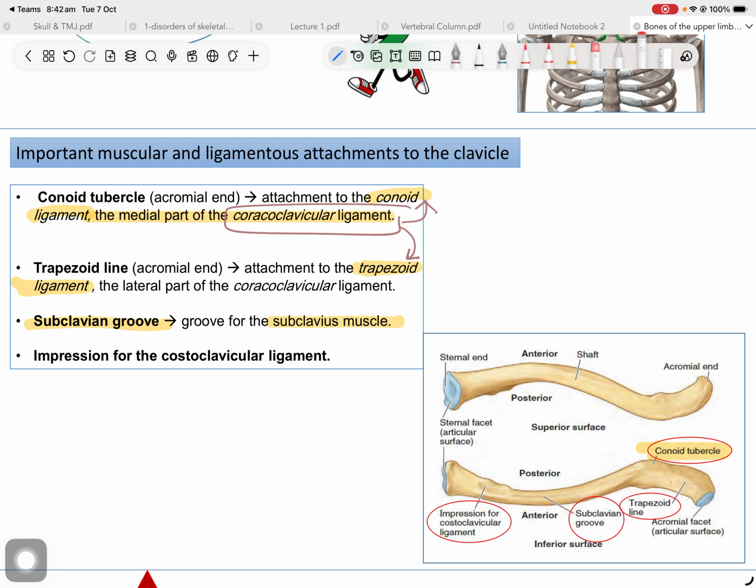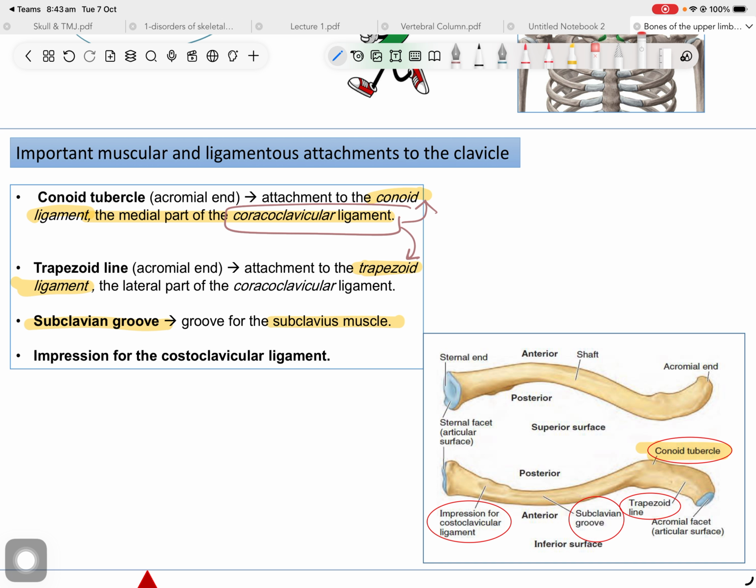So I have a transitional area here between the convexity and the concavity. And this transitional area, it is the weakest area in this bone. Okay? Therefore, if any fracture happened to this bone, it will happen where? At the transitional point between the convexity and the concavity of the bone.